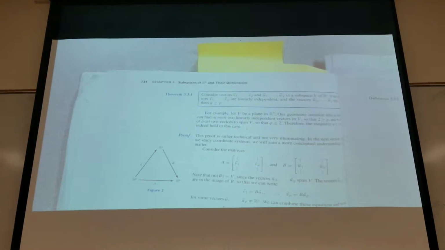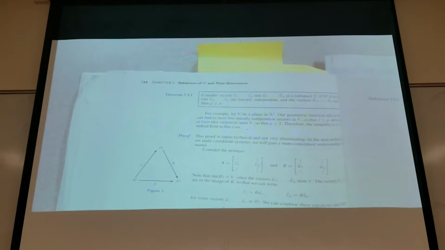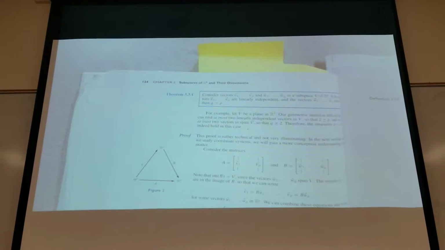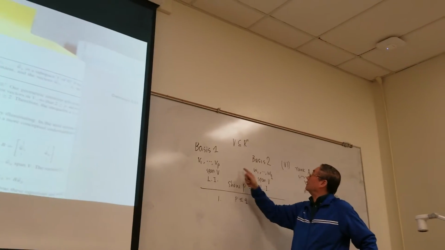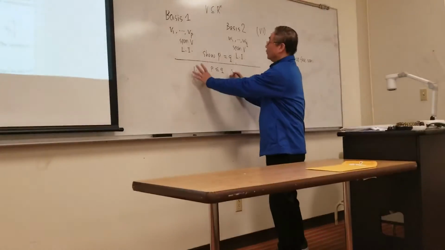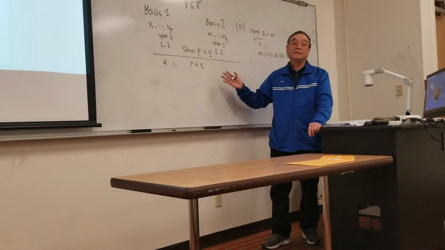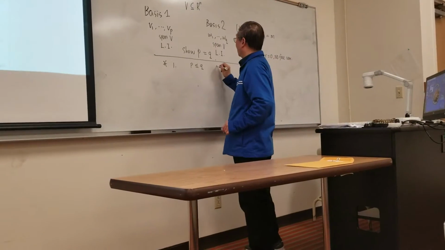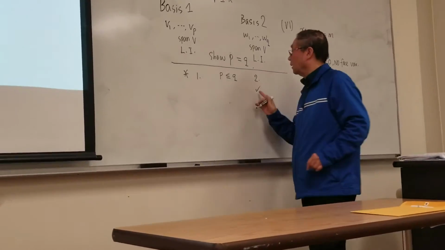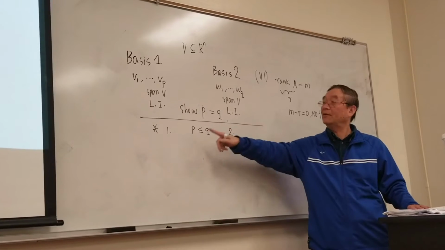One way is, first, you show p is less than or equal to q, based on the information about the vectors in these two bases. If I can do this, then the second part is automatic, or it follows from this.